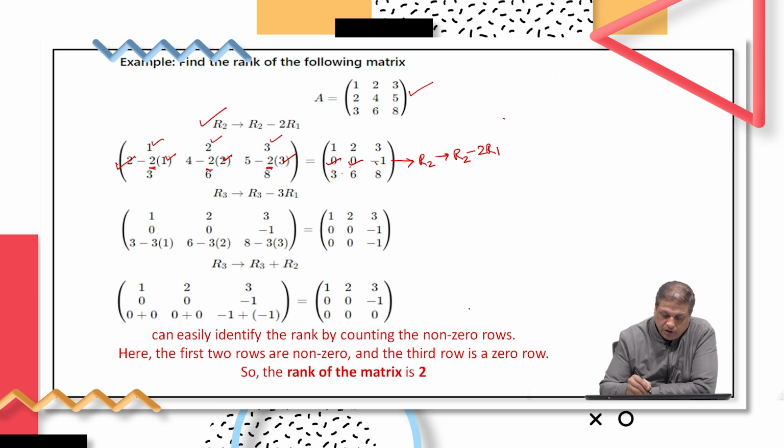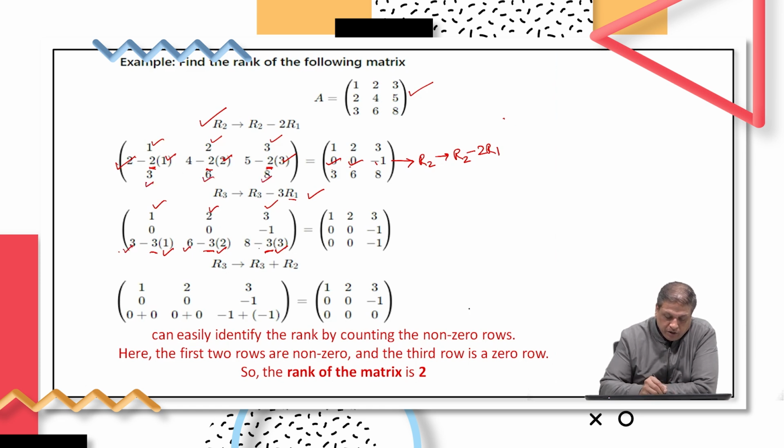Now, after this we need to perform another elementary row operation. R3 is to be replaced by R3 minus 3 times R1. What are the R1 values? R1 values are 1, 2 and 3, so 3 times R1 is 3, 6 and 9. R3 values are 3, 6 and 8.